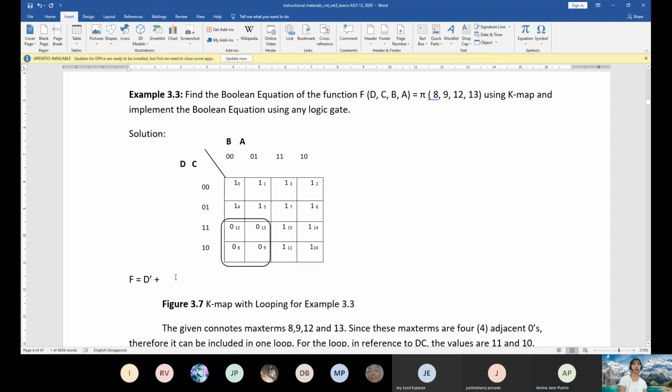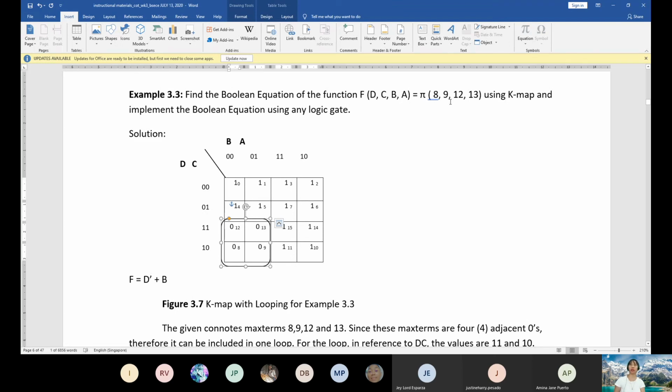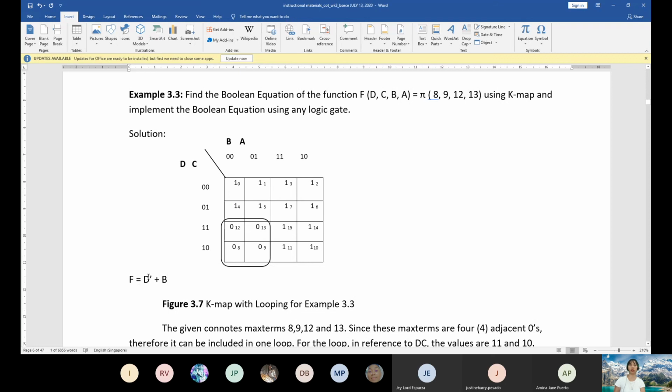Okay, so this is just the black loop. The black loop is simply equal to D prime plus B. So the Boolean equation for F of DCBA equals pi 8, 9, 12, 13, which is simply equal to D prime plus B. To implement this, for prime, what gate shall we use?